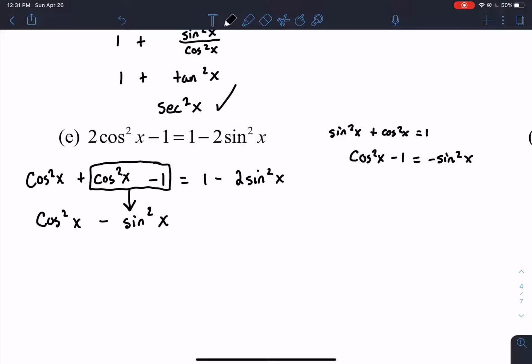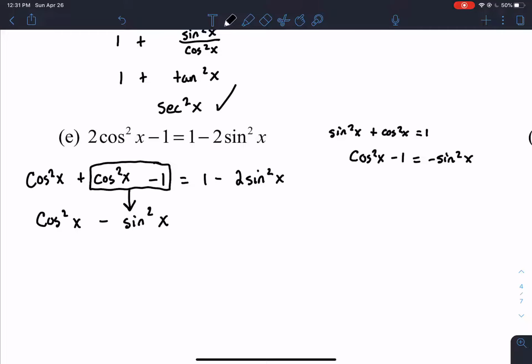So cosine squared is the same thing as 1 minus sine squared, right? Okay, so we can make this part, right, 1 minus sine squared. All right, if I put that together, I'm going to get 1 minus 2 sine squared, which is the same thing as the other side.